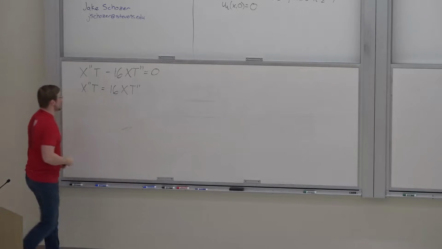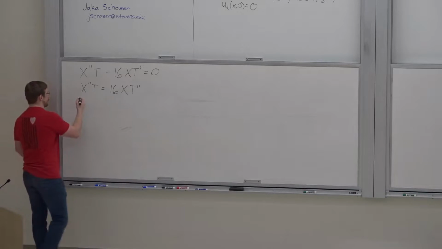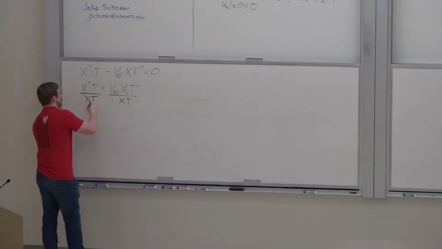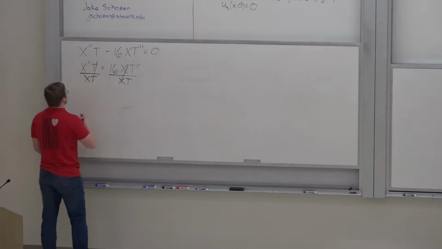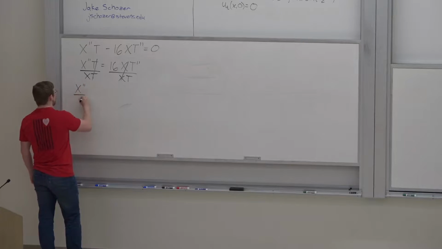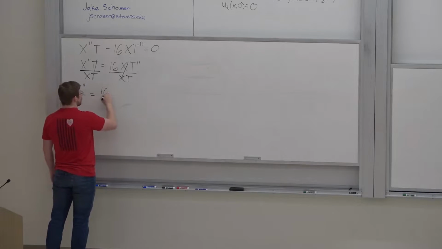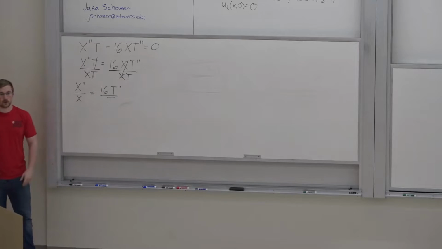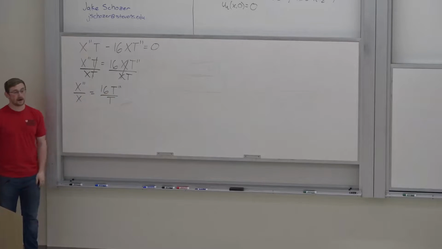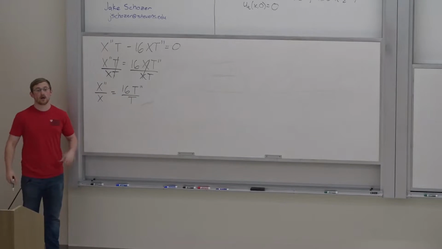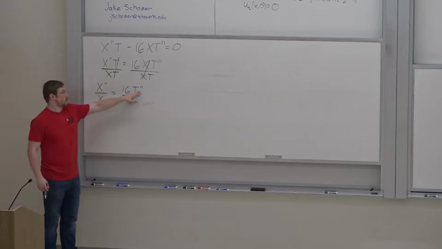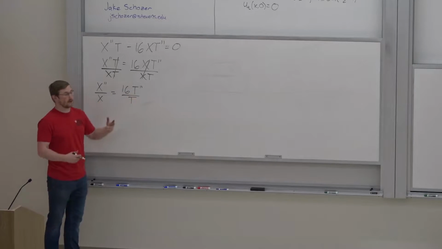Now that I have this, I'm at the step where I divide everything by my capital X capital T. My T's go away on the left, my X's go away on the right, and I have capital X double prime over capital X is equal to 16 capital T double prime over capital T. Again, we have this question of, do I want the constant in the numerator or in the denominator? Just like in the last problem, we want it in the denominator so that we have our double derivative by itself. I don't want a coefficient in front of my T double prime.